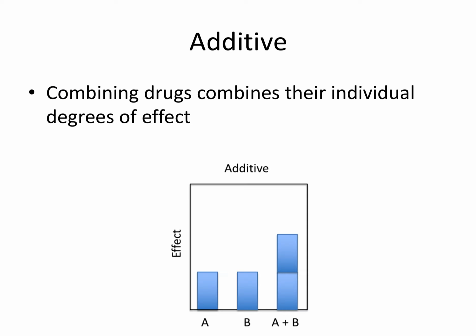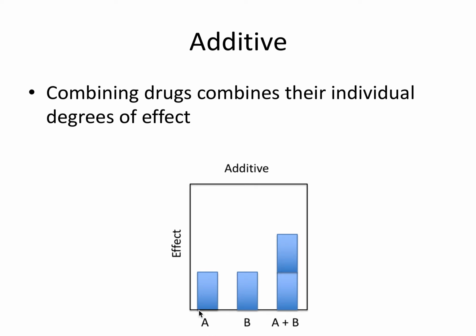All right, and finally, let's talk about drug combinations. We talked about agonists and antagonists and how they can affect one another and change the curves. And now let's talk about specific drug combinations which can have various results in the body. So two drugs that are additive means that combining those drugs combines their individual degrees of effect.